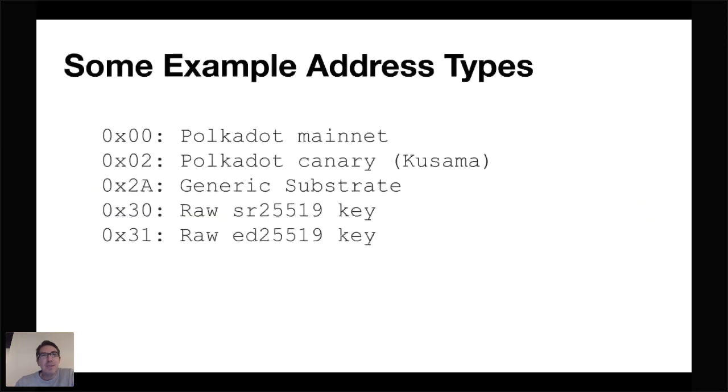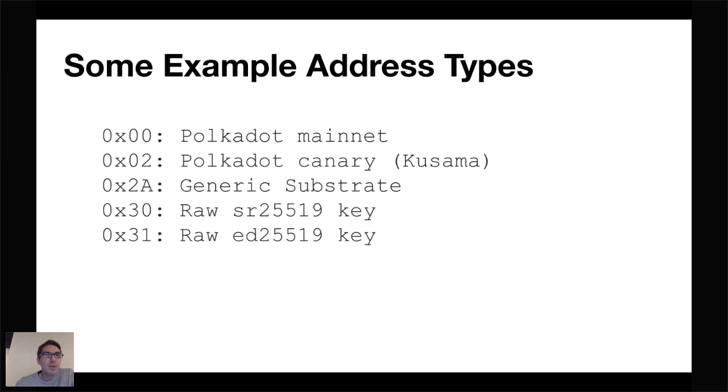So address types, as I mentioned, you can think of them as almost like a network indicator to make sure that, let's say you have a Kusama address and you try to enter it as Polkadot mainnet, you'll know that it's something different. It's a different network. You see this on a lot of other systems where the testnet and the mainnet have different prefixes.